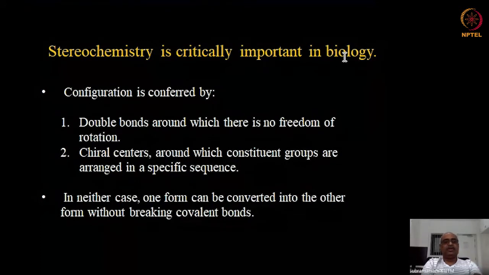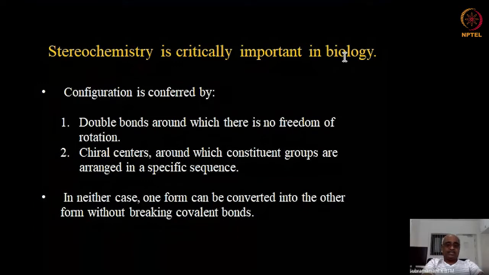You can go ahead and learn about it on your own as homework: why the carboxylic acid group in glycine behaves differently from the carboxylic acid in acetic acid. So that is chemistry. Even functional groups, depending on the arrangement in a molecule, can vary in their chemical behavior itself.